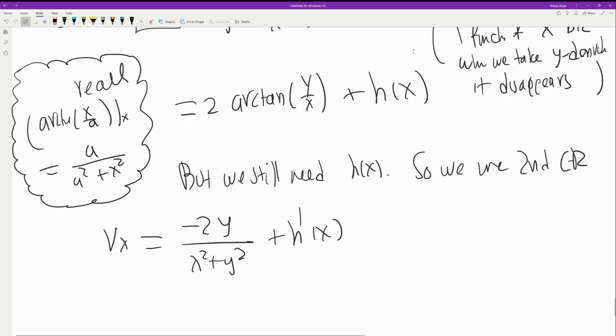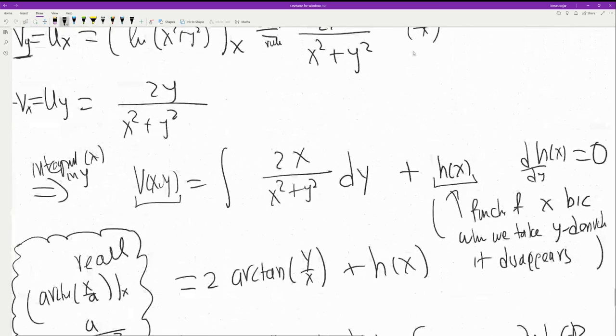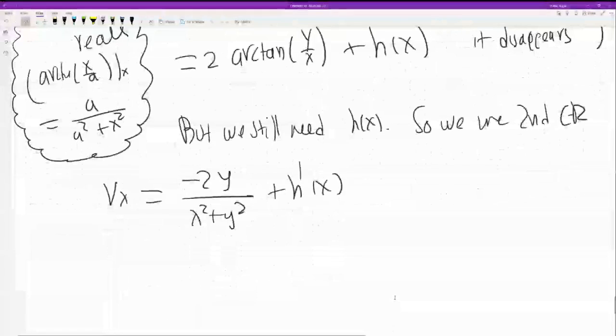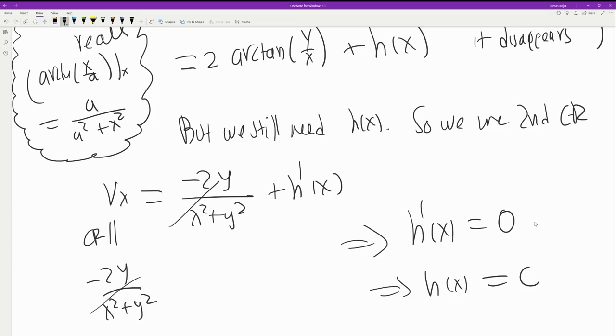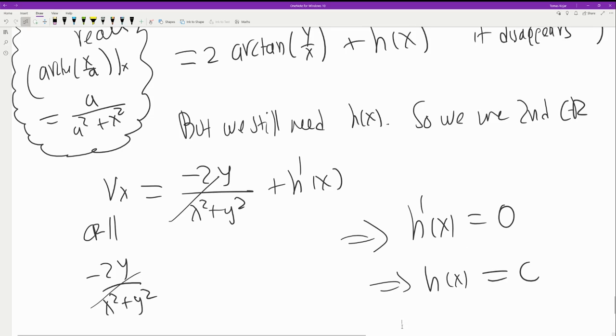But from this guy, we have the following. Minus 2y over x squared plus y squared. Okay, so these two cancel out, and we get that h prime of x is constant. So h prime of x is 0, so h of x is c. So it doesn't depend on anything, it's just a number.